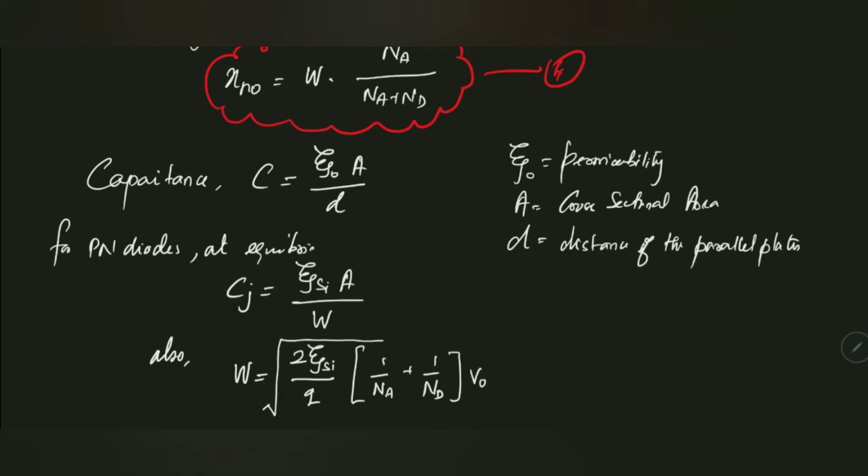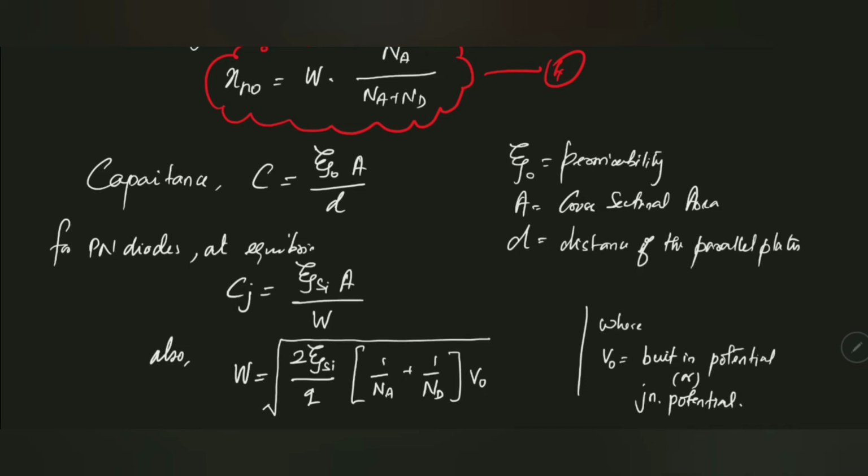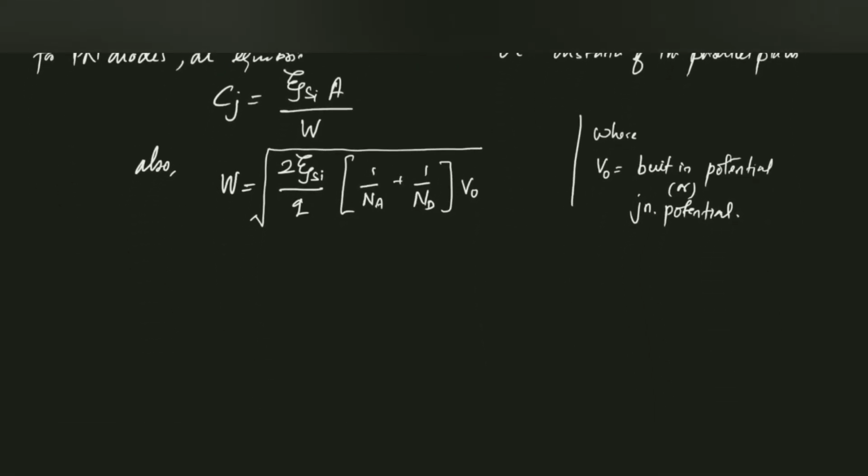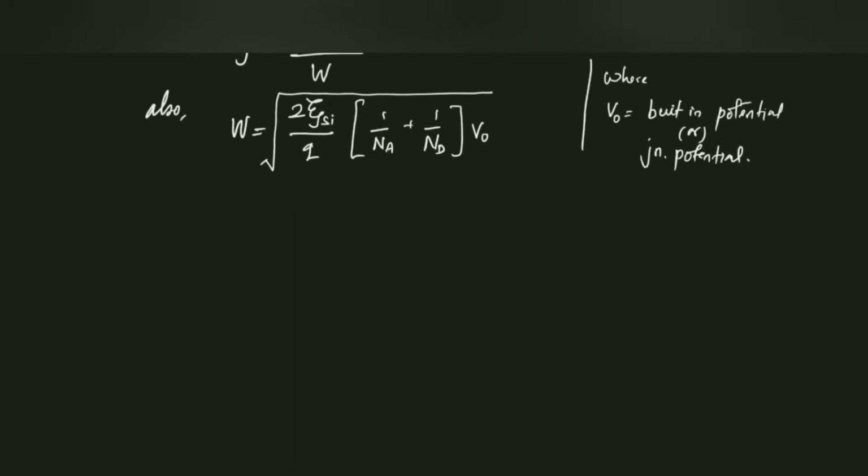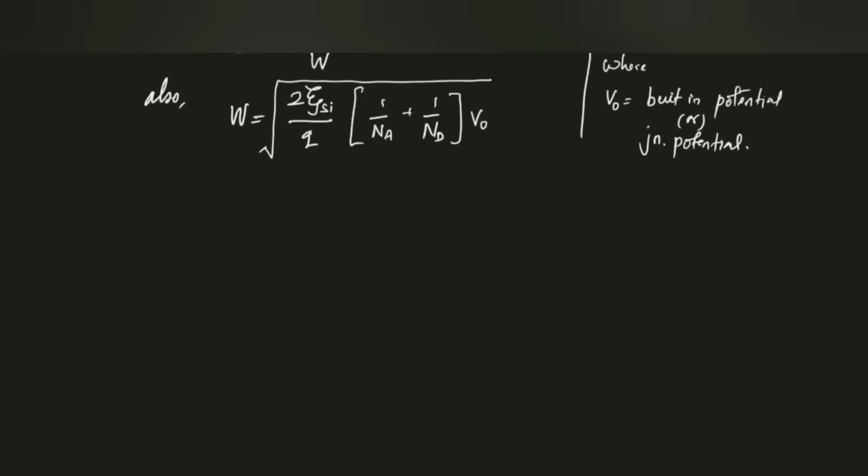Here V naught is nothing but the built-in potential, or the junction potential. Now we'll write that expression in detail.